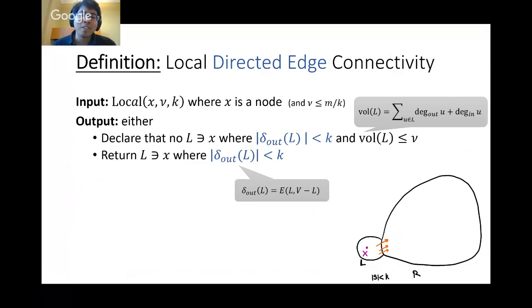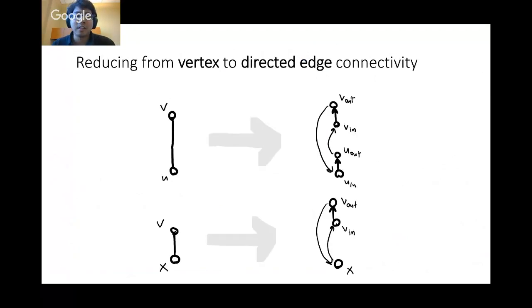We will see how to reduce from vertex connectivity to directed edge connectivity. This is the standard reduction that we see when we solve MaxFlow in vertex, the same reduction as from vertex MaxFlow to directed edge MaxFlow.